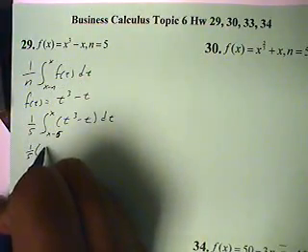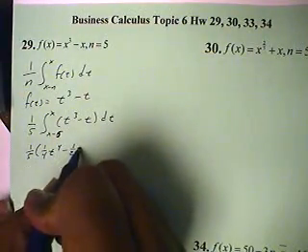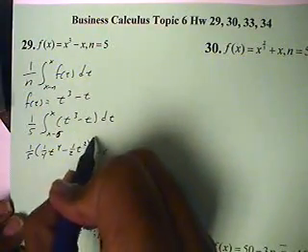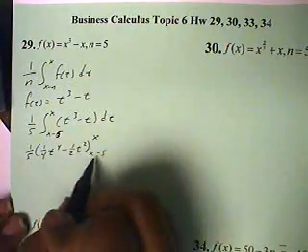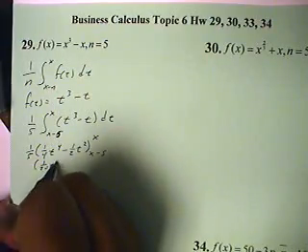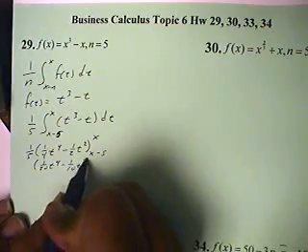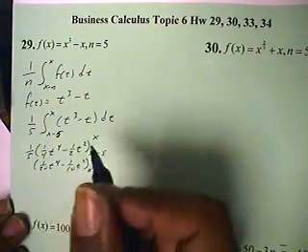We'll get 1/4 t to the 4th power minus 1/2 t squared, all evaluated from x minus 5 to x. I'm going to distribute my 1/5 in here, and we'll get 1 over 20 t to the 4th minus 1 over 10 t squared, still evaluated from x minus 5 to x.